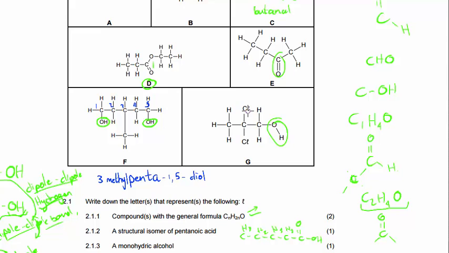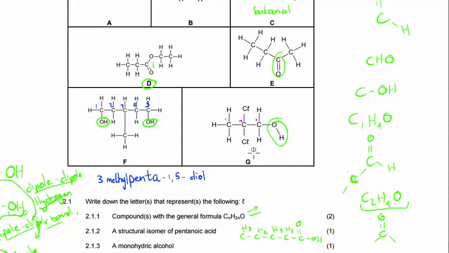G. Chloropropanol, I think. 1, 2, 3. No, dichloro. Yes, dichloropropanol. I don't know which side you'll number. I'm sure you'll number the alcohol at the back. But I don't think that will be necessary.